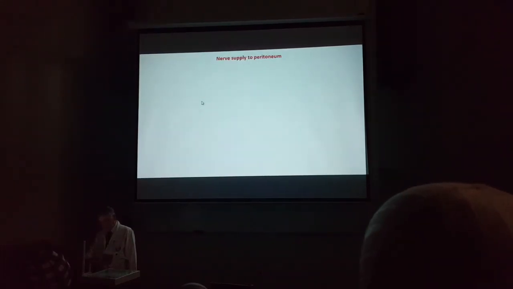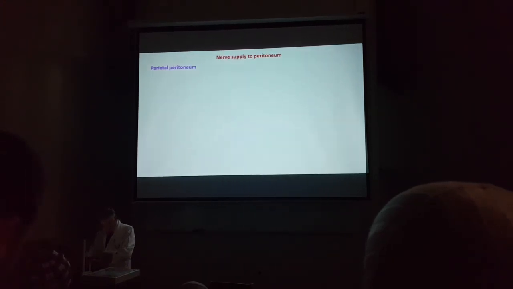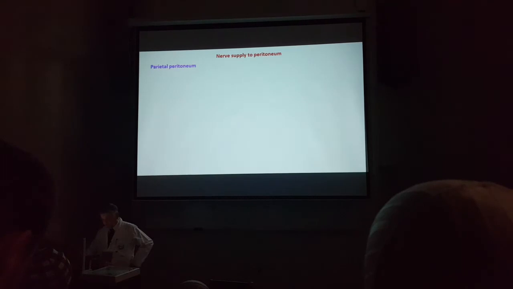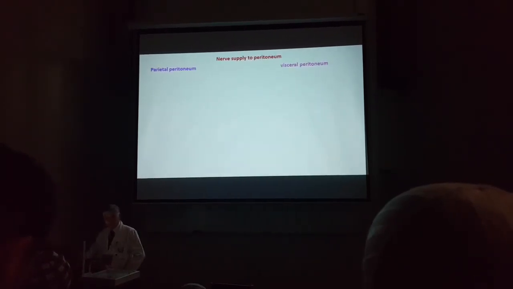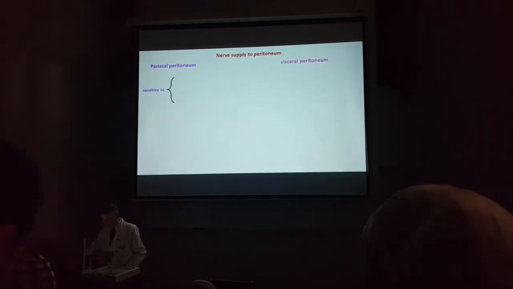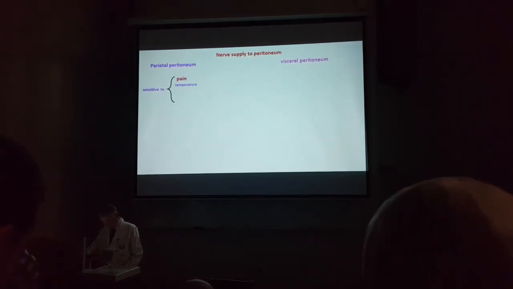Nerve supply of the peritoneum. There's a parietal peritoneum and visceral peritoneum. And we know what is parietal and what is visceral. Parietal is sensitive to pain, temperature, touch, and pressure, just like skin.